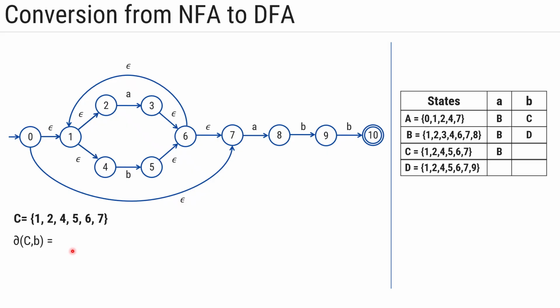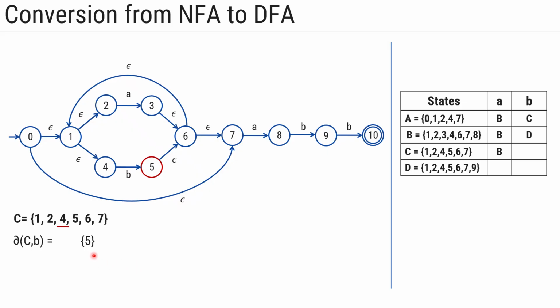Look at the transitions. Where do you find the transition on small b? So look at states 7 and 4. So there is 1, 4. You don't have any other transition, but only on 5.